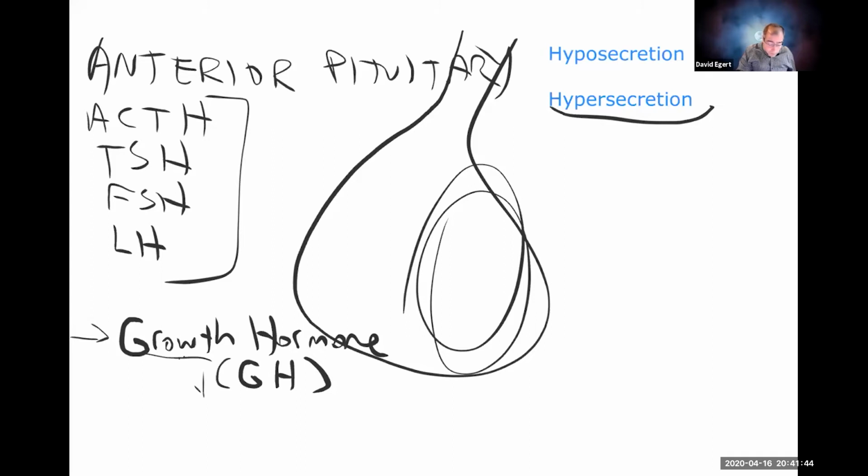So growth hormone. If you get too much growth hormone when you are already past where your long bones have stopped growing, remember the epiphyseal plates close off around your 20s or so, the flat bones can still keep growing. So people who have hypersecretion of growth hormone after the closing of the epiphyseal plates don't get taller, but their flat bones, like in their face, start growing and spreading out, and they get weird flattened features.